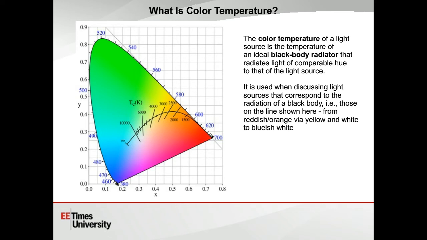For example, the sun closely approximates a black body radiator, and the color temperature of the sun above the atmosphere is about 5,900 K. An incandescent lamp is also a pretty good approximation at a lower temperature, between 2,700 and 3,300 K. So let's take a look at what these look like in practice.